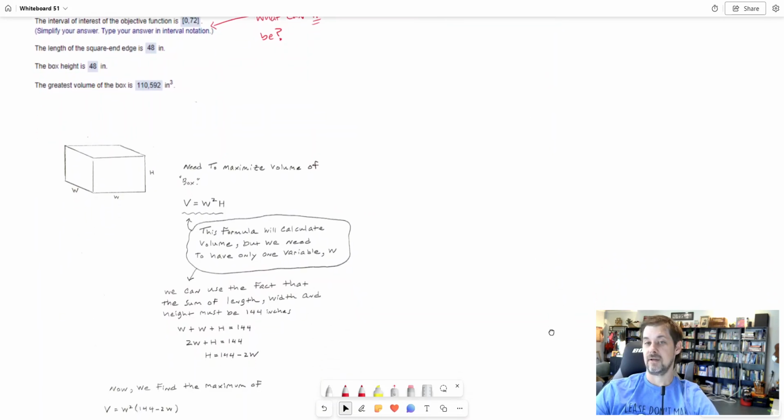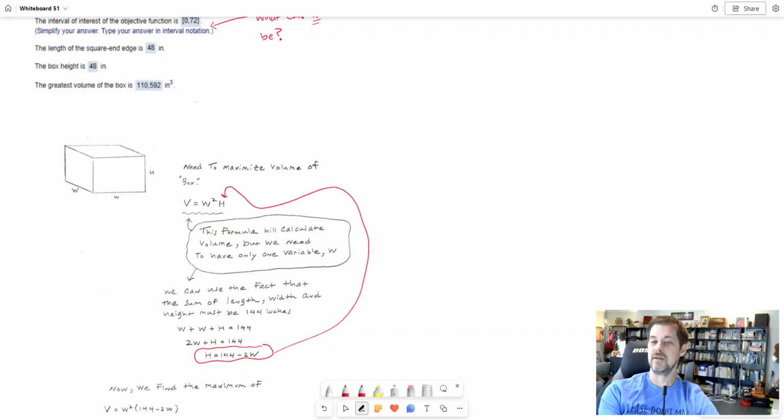So I would think that for the biggest one possible, W plus W plus H is 144. Now, W plus W is 2W. And if I solve this for H from there, and I get this, then I can take that and substitute it up here. And I'll reduce this to just having one variable, which is something we typically have to do in these types of problems.